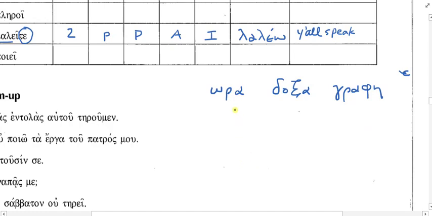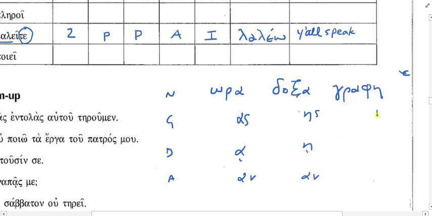You remember, in the singular forms, we have nominative, genitive, dative, accusative, right? What happens? Hora becomes horas, dative, hora with an iota subscript, horan, right? Doxa, on the other hand, becomes doxes, and then it goes back to the alpha, doxan.